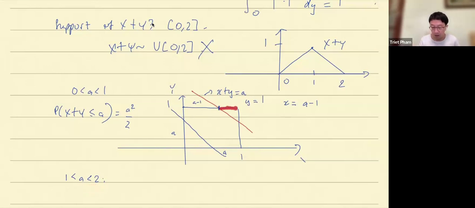So the total length is 1, and the remaining part is 1 minus that, which is 2 minus a. And so that's a rectangle, so that will be 1 minus (2 minus a) squared over 2.